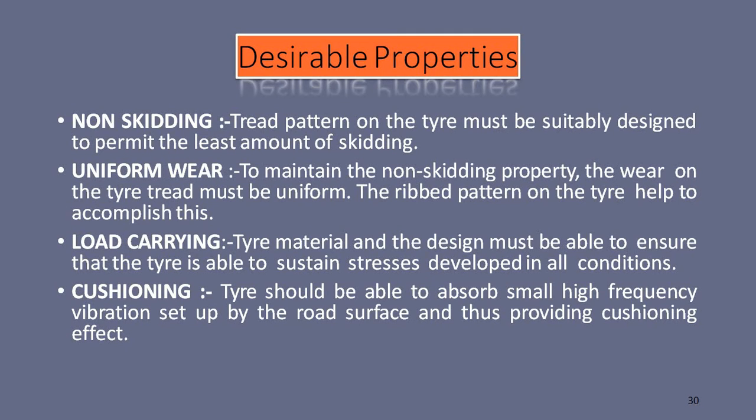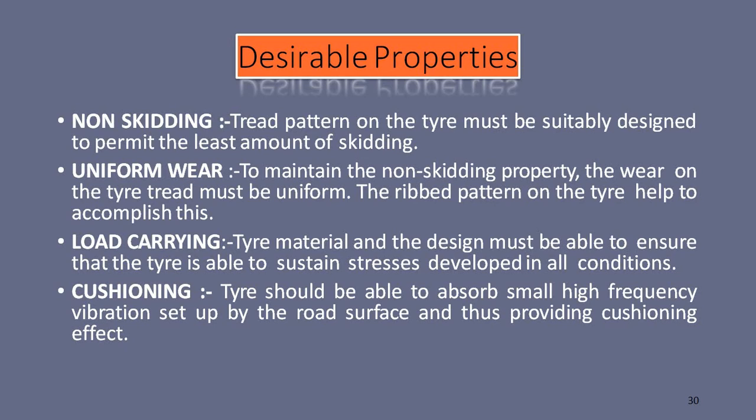Desirable properties. Non-skidding: the tread pattern on the tire must be suitably designed to permit the least amount of skidding. Uniform wear to maintain the non-skidding property: the wear on the tire tread must be uniform. The ribbed pattern on the tire helps to accomplish this.